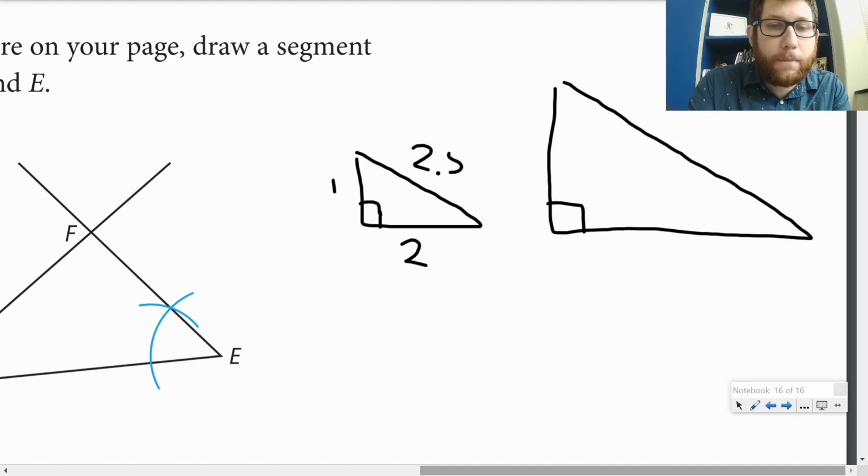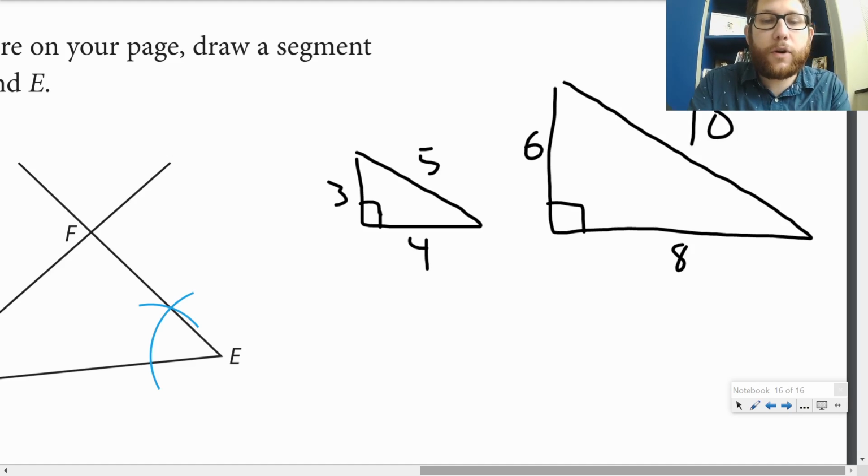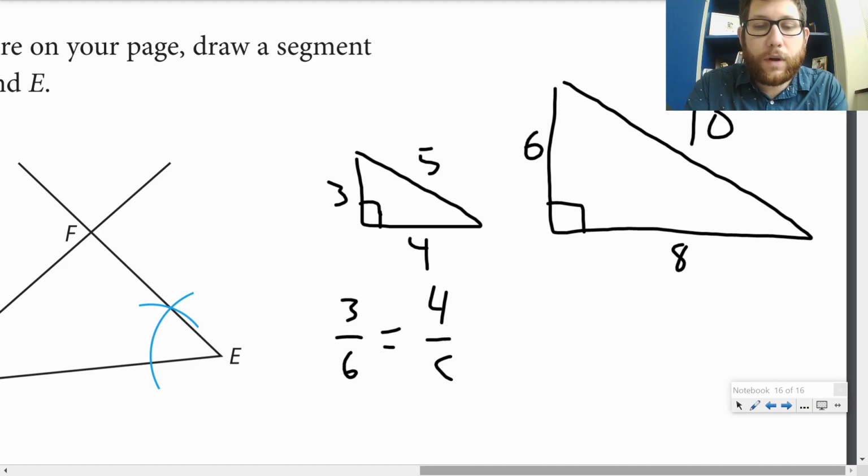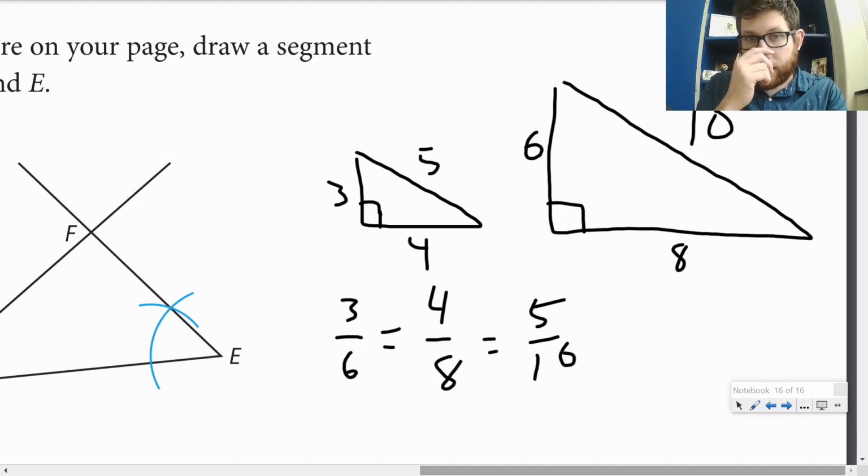Actually, let me do real numbers here because these are right triangles: 3, 4, and 5. So it could be 3, 4, and 5, and then over here it could be 6, 8, and 10. They're proportional because I can set up 3/6, that's a ratio, but I'm going to put two ratios together, 4/8, that becomes a proportion. So I could set these all up, and these would all be true: 3/6 is equal to 4/8 is equal to 5/10. So similar triangles, big picture here, it's same shape, different sizes.